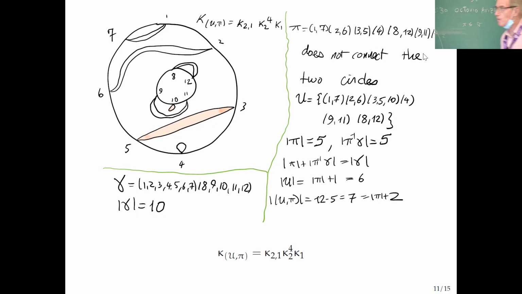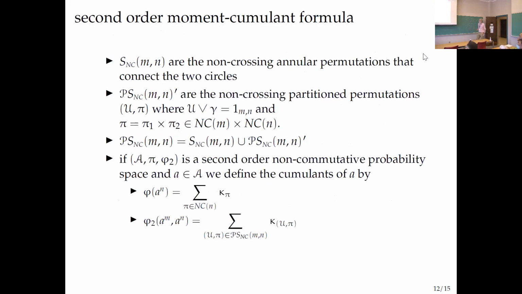Okay, so there's a second order cumulant. Now I'm going to tell you what the second order moment cumulant formula is. Remember SNC was the non-crossing annular permutations that connect, where you have at least one through cycle.